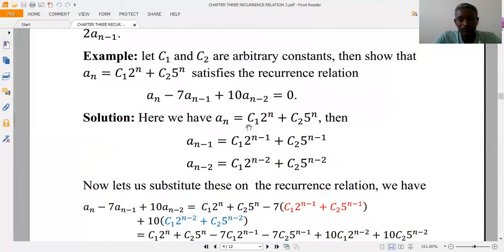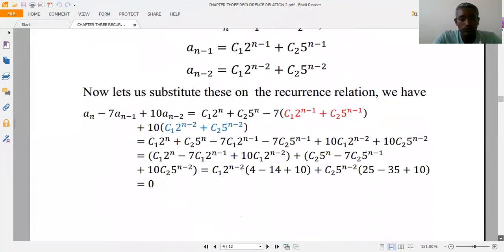Now we have an is C1 times 2 to the power of n plus C2 times 5 to the power of n. Then an minus 1 is C1 times 2 to the power of n minus 1 plus C2 times 5 to the power of n minus 1. And an minus 2 is C1 times 2 to the power of n minus 2 plus C2 times 5 to the power of n minus 2.